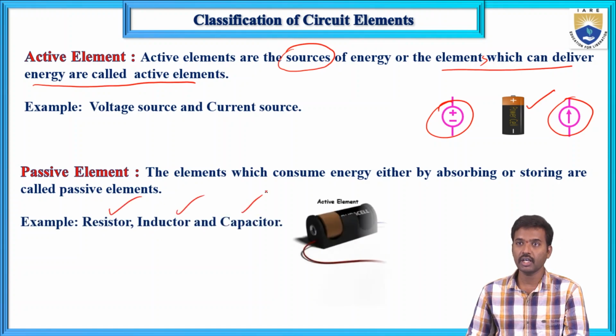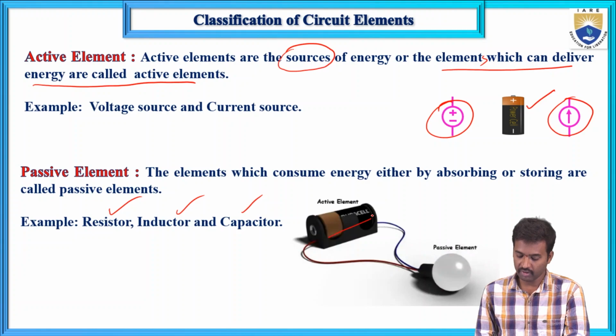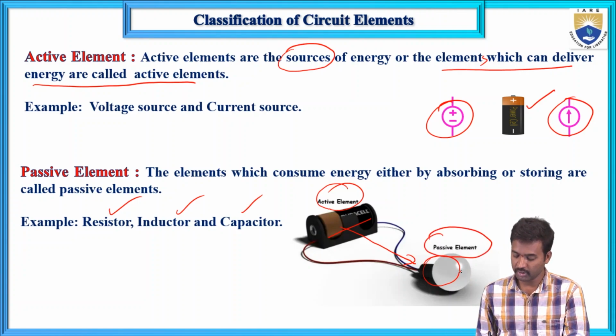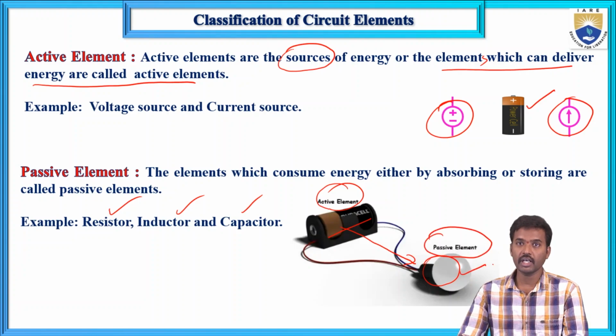In the diagram, this is a power cell, a battery, which is the active element, and this is the bulb which receives the power. Power always flows from active elements to the passive element. The bulb and the fan, which receive power, are passive elements.